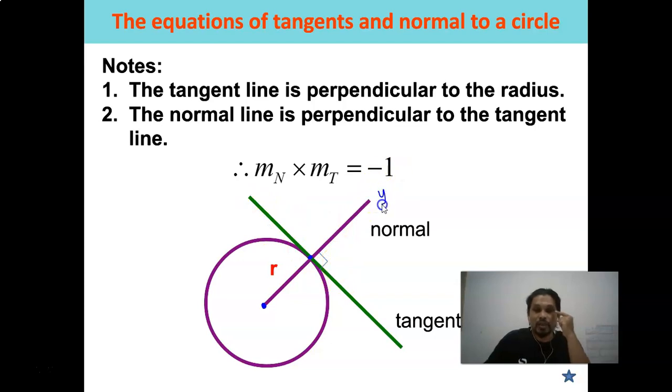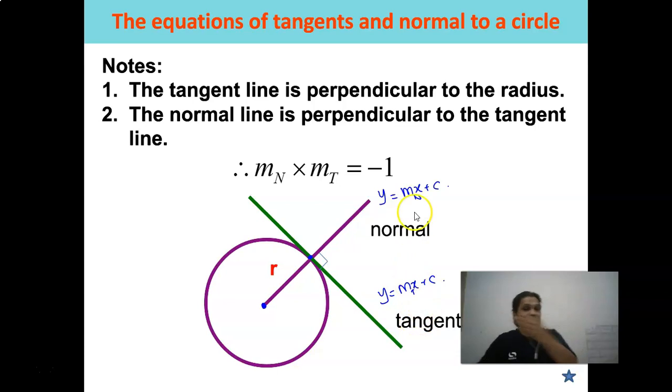This is y equal to mx plus c, where m is the gradient of normal, and this is y equal to mx plus c, where m is the gradient of tangent. The gradient of tangent multiplied by the gradient of normal equals negative 1.